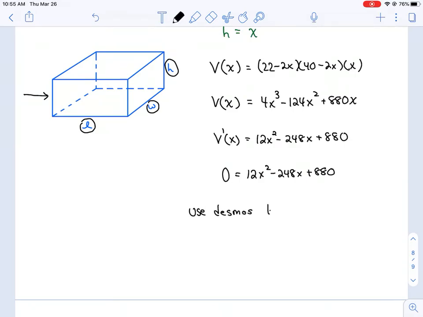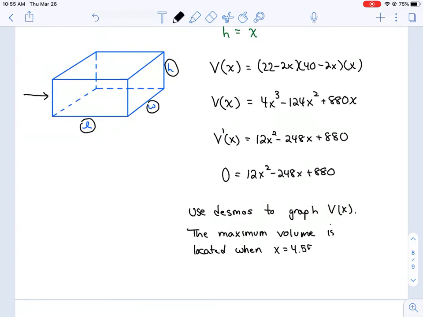You're going to use Desmos to graph V of x. The maximum volume is located when x is equal to 4.55.